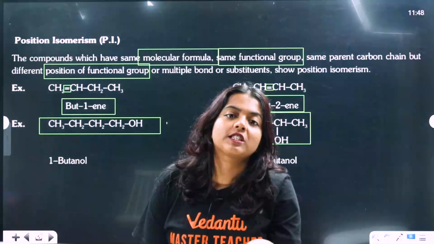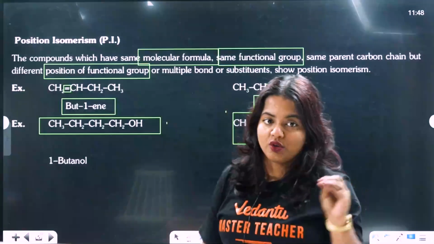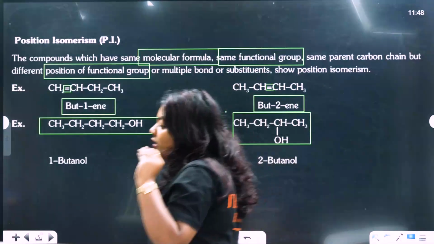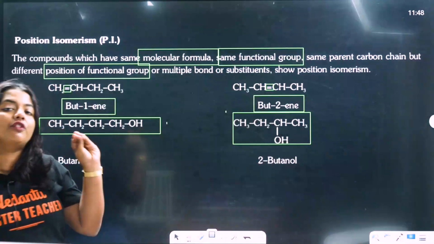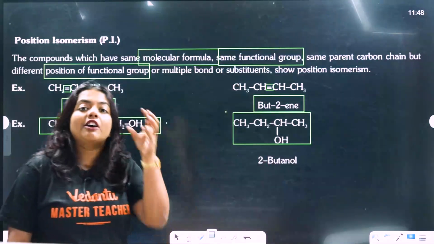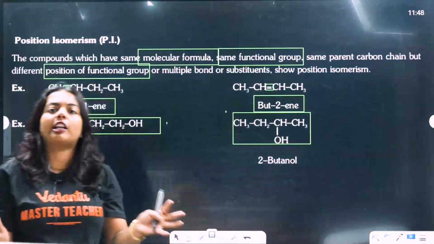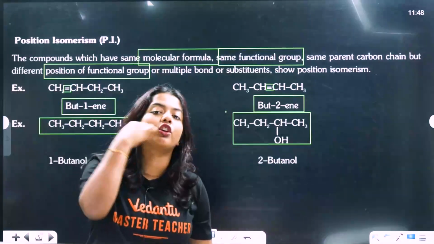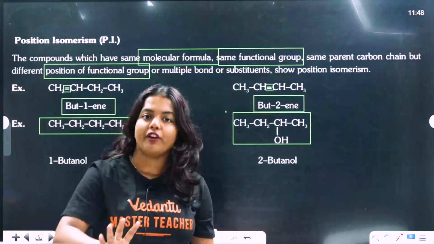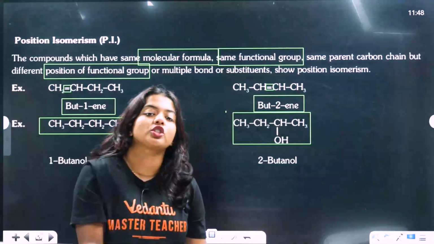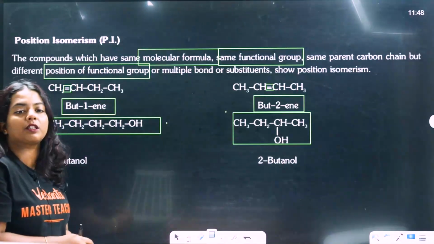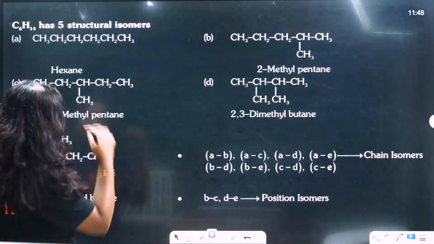Those types of isomerism are called positional isomerism. The functional group and carbon chain are all correct, the functional group is the same, but the position of the functional group is different.